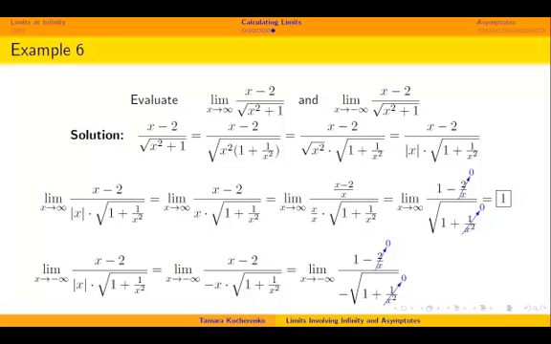So the limit equals 1 divided by negative square root of 1, which is negative 1. Our conjecture based on graphical data was correct. The limit at infinity of this function is 1, and the limit at negative infinity is negative 1.